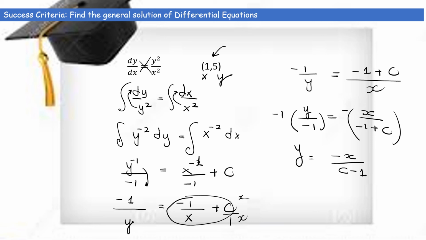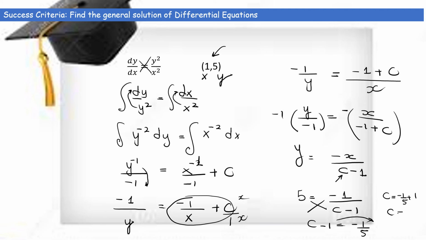Now you have to find the value of c. So for that reason, replace the y by 5 and replace the x by 1. So you will get c minus 1. Now cross multiply, you will get c minus 1 equals negative 1 over 5. Bring the negative 1 to the other side, you will get c equals negative 1 over 5 plus 1.